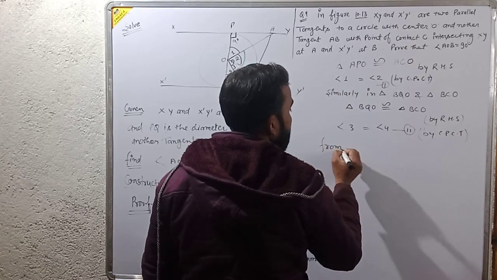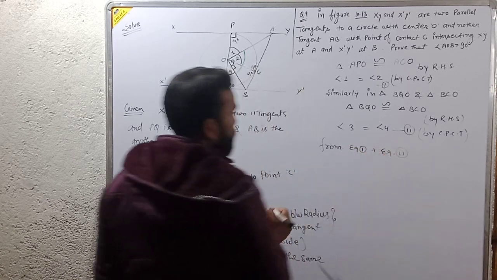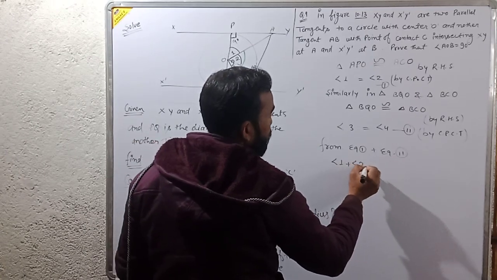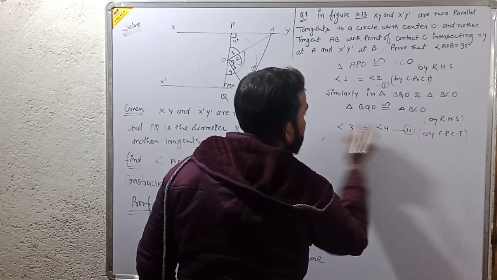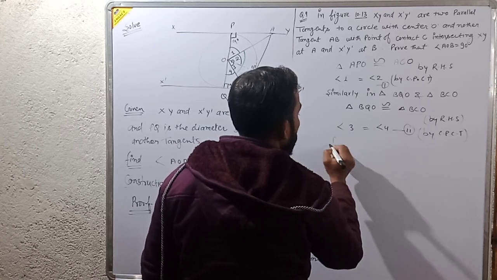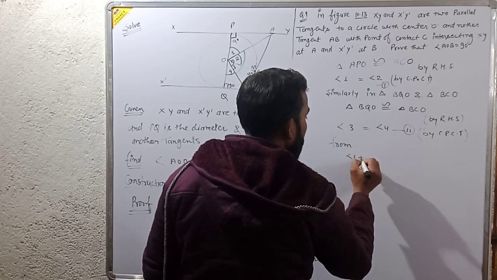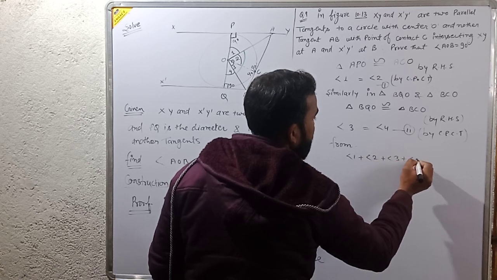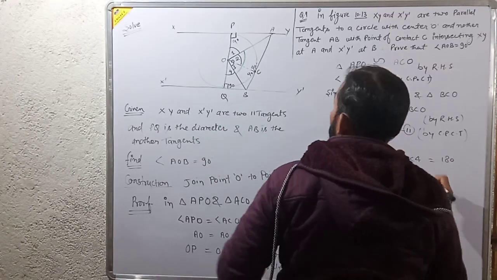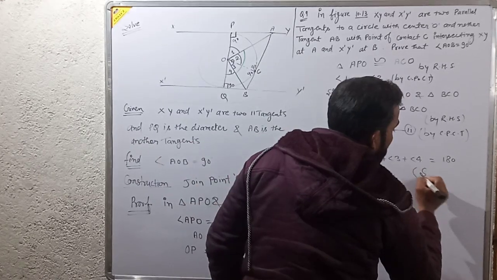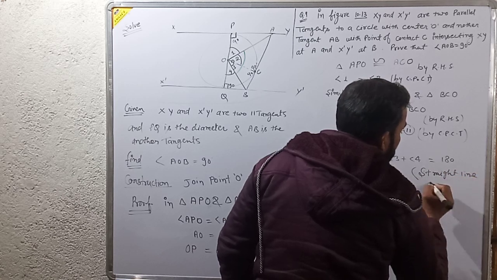From equation 1 plus equation 2, angle 1 plus angle 2 plus angle 3 plus angle 4 is equal to 180 degrees because this forms a straight line angle.